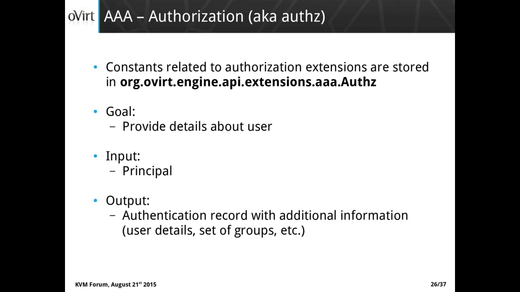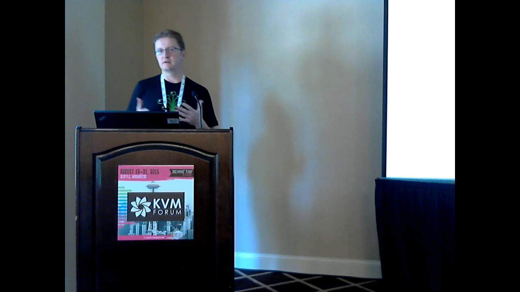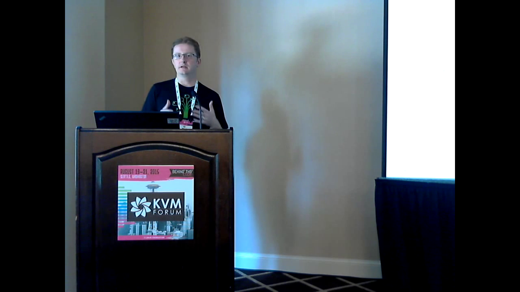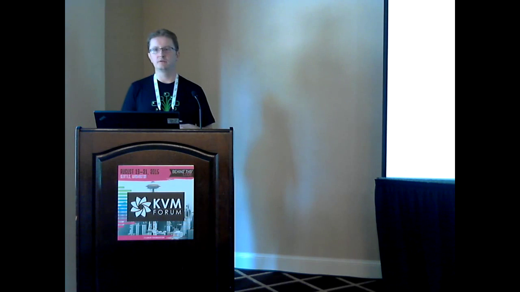Another part of this API is authorization. We call it authz. It's used to provide details about the user. So at the moment, you can get, using this API, user information such as first name, last name, email, whatever is configured.